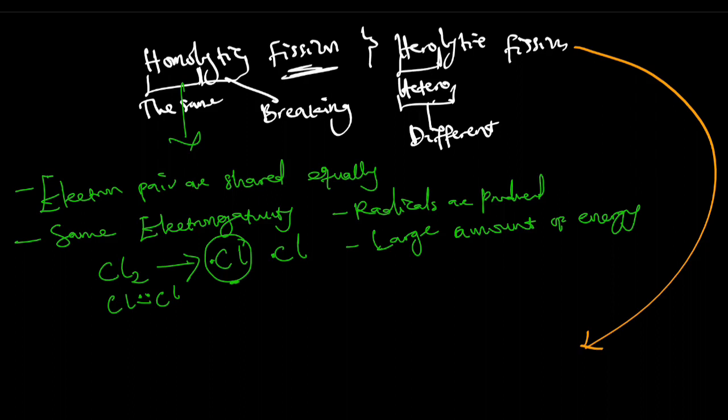Hetero means something different, and lytic, as usual, means breaking. So heterolytic fission takes place between atoms of different electronegativity value. It involves the transfer of the electron pair to the more electronegative atom, leading to the formation of charged species or ions.